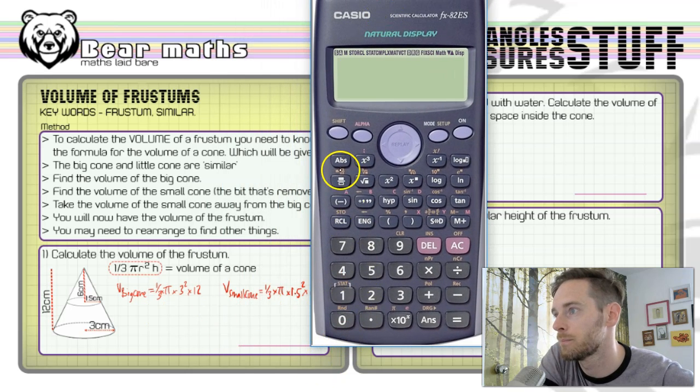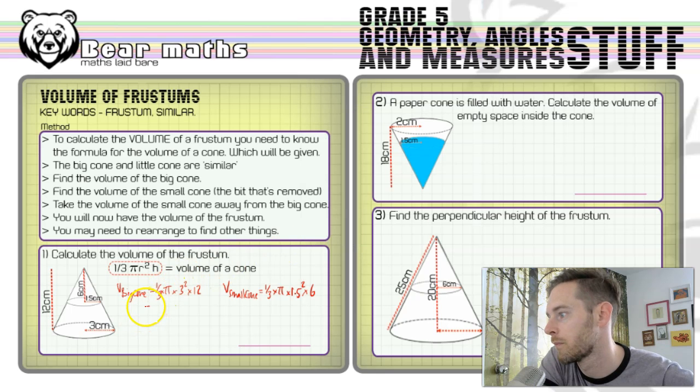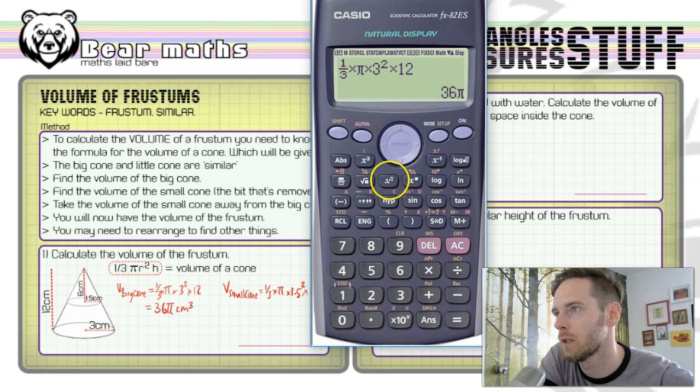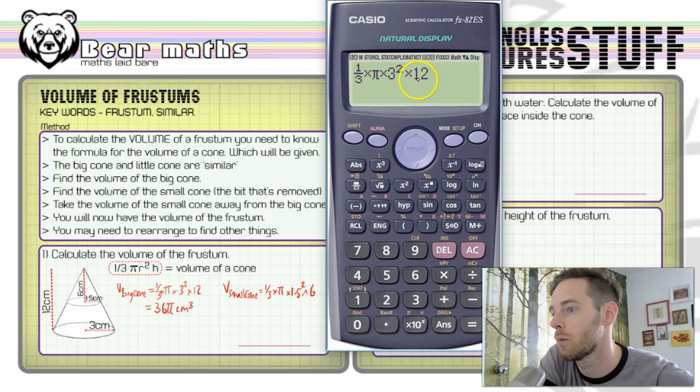So the big cone has a volume of 36 pi, and that is in centimeters cubed. And the small one, we can just go into what we've already done.